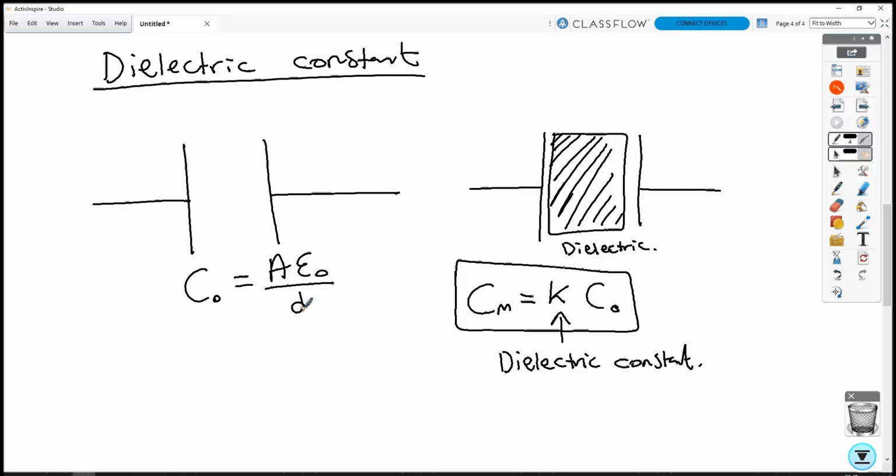So the permittivity of air and the vacuum are basically almost the same. There's a negligible difference between the two. So we compare the two equations, we can see then that the dielectric constant is basically the relative permittivity. It's the same value.